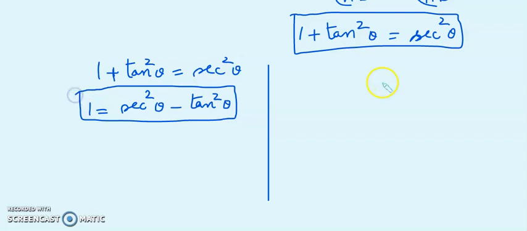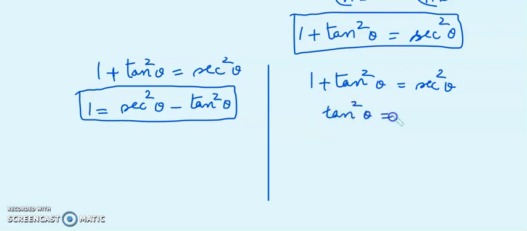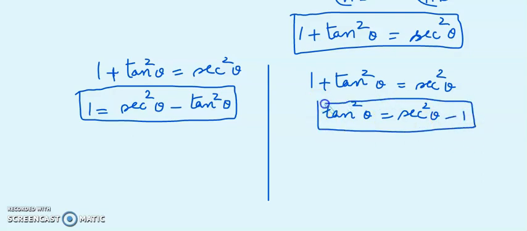The next is I can shift the 1 to the other side, so I'll get 1 plus tan square theta equals sec square theta. Shifting the 1 gives me tan square theta equals sec square theta minus 1. Now consider sec square theta equals 1 plus tan square theta.